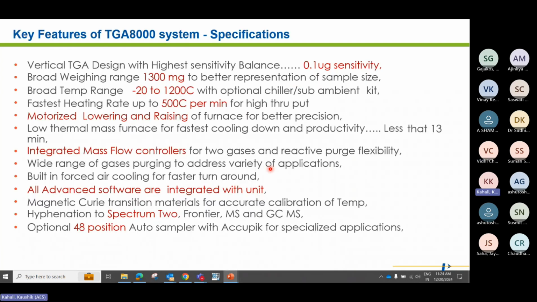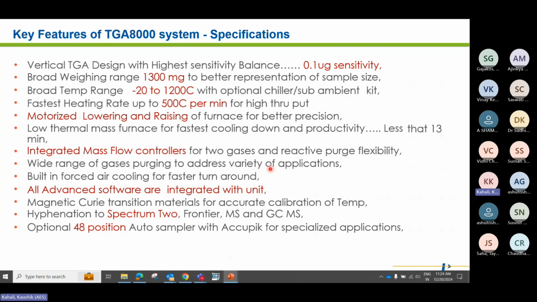And this is a little bit of the features, specification and capability of the TG8000 model which you are using in your lab. This is a vertical TGA design with high balance sensitivity, which I already told, that is 0.1 microgram. If there is any little change in your sample, for example the moisture content in pharmaceutical samples or drugs, the moisture is at trace level.